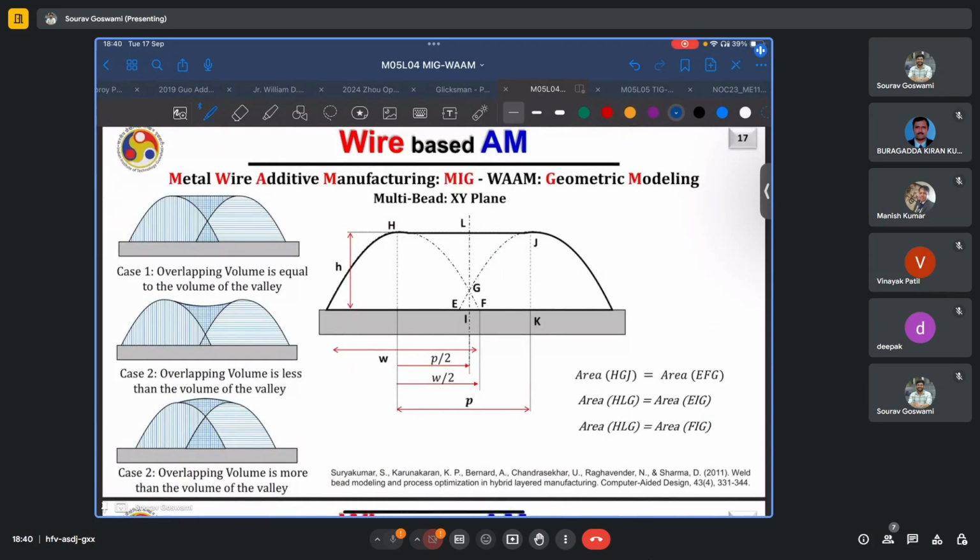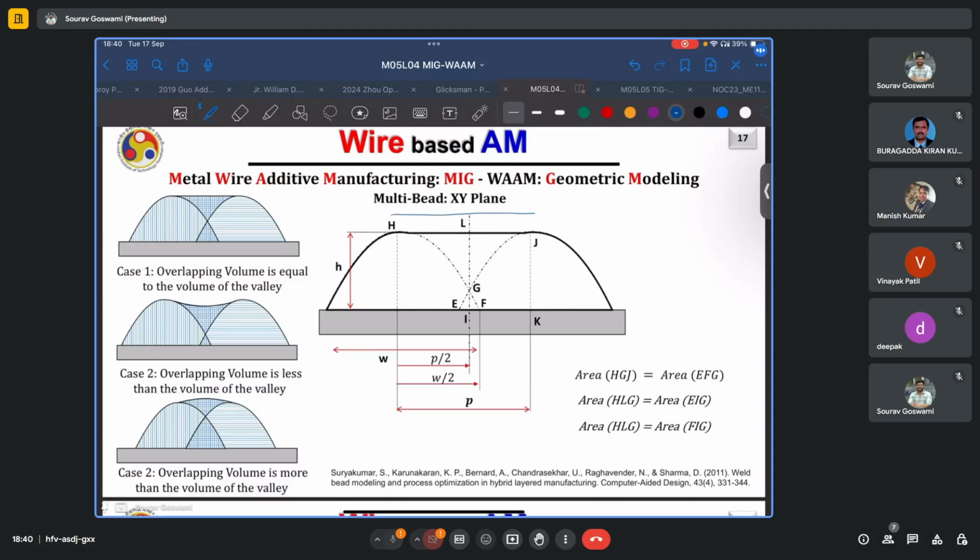Now, this is another case study for the geometric modeling of multi-bead in the XY plane. And here, the objective is to actually achieve a flat surface, such as shown by the line, say HLJ here. That is, after deposition of two beads, you want the composite bead to have an almost flat surface because this is the most ideal or most desirable outcome.